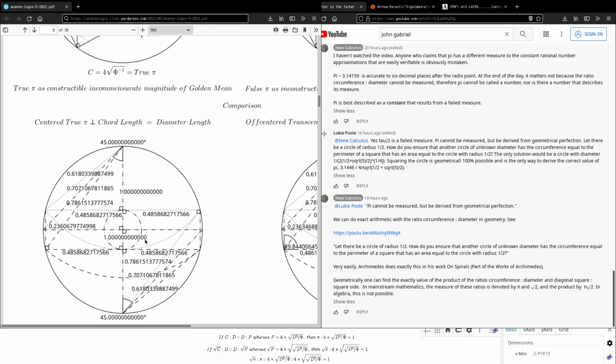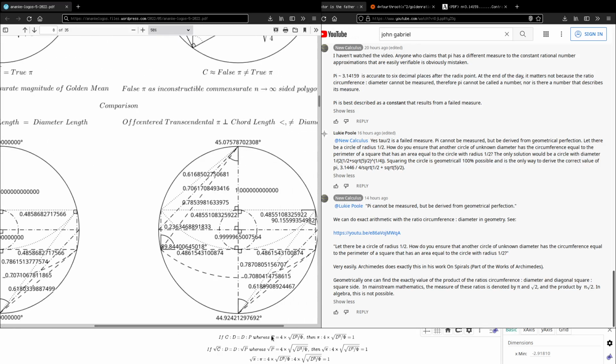So this is centered, but this is not. The circle here is off-centered. Even though it's centered in one axis, but it's not centered in the other axis. Oh wait, so this line is centered in this axis, but this line is not centered in this axis.